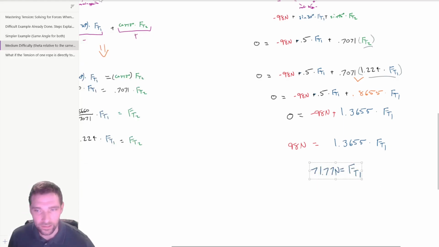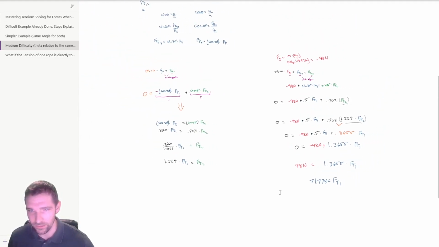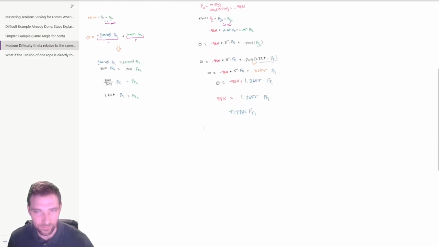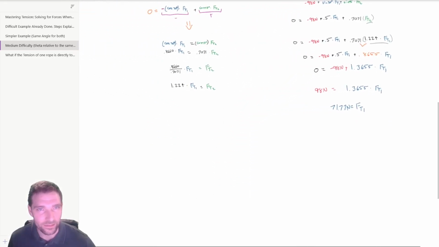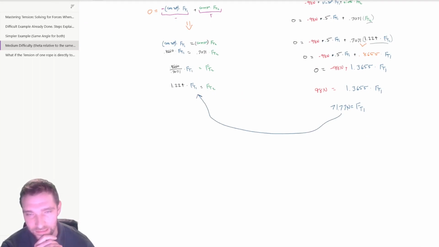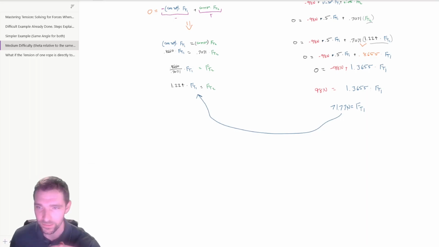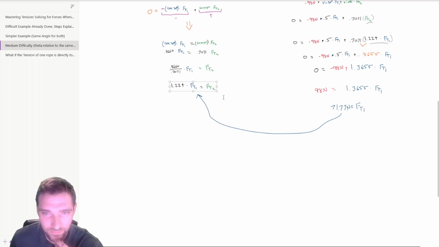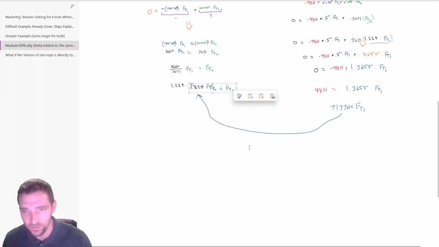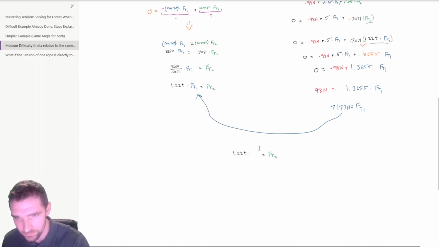And so then it's like, okay, I have FT1, and then I could solve for FT2 as well, knowing that I have FT1. So we can end up plugging that number back into these other equations and checking that. So we've got that 71. Let's see what that ends up being. If we take that 71.77 and times that by 1.224, so got that right here.